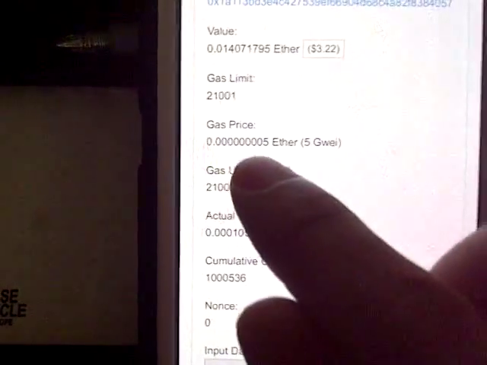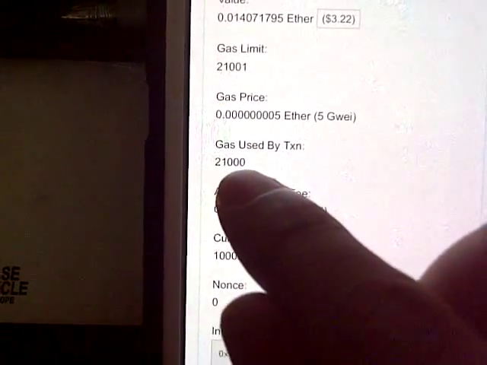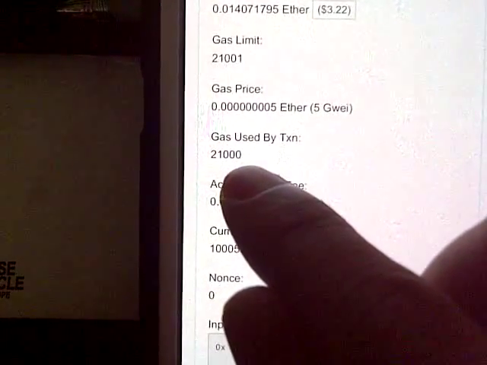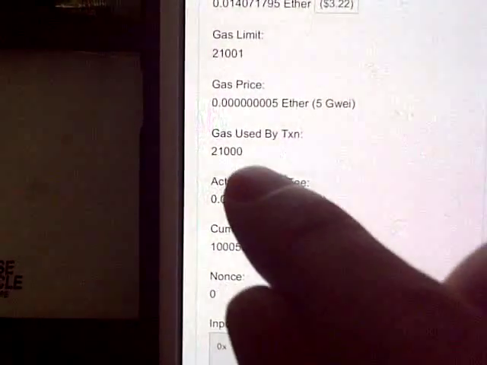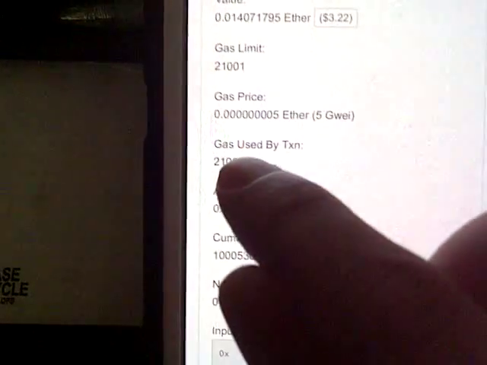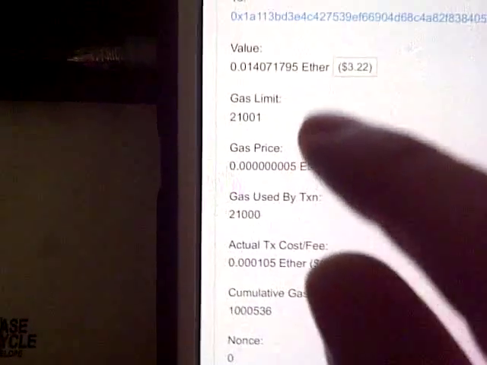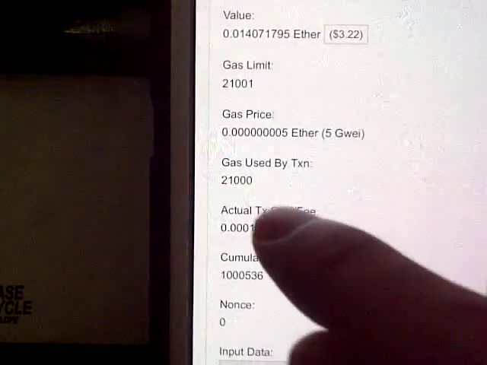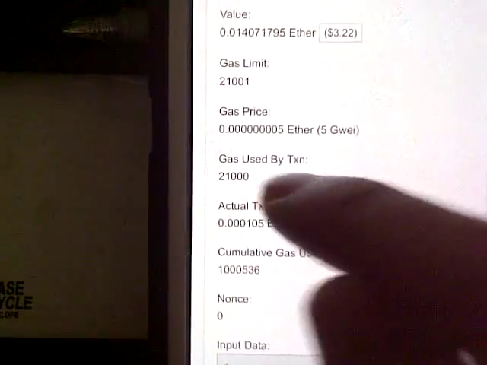That was his fee that he put in. Then gas used by transaction. If you take that number times this, and here's the thing: the gas used and the gas limit are very similar. You notice they're very close in number.